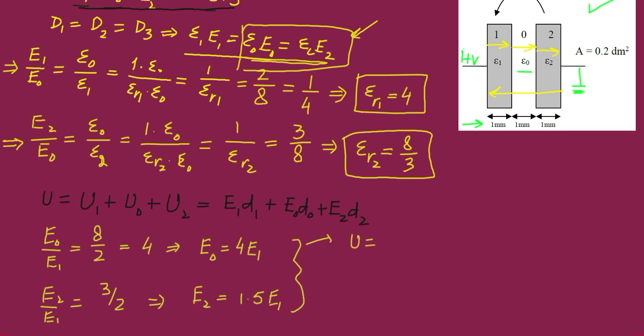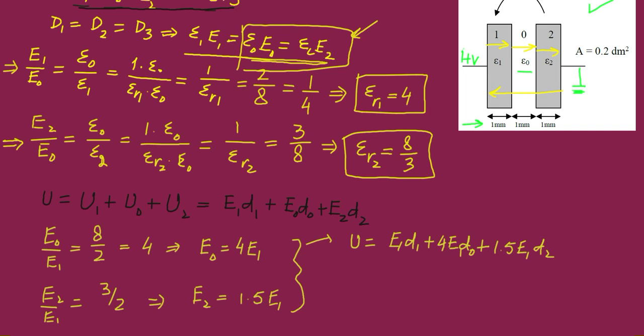U will be equal to E1 D1 plus 4 times E1 into D0, plus 1.5 times E1 and D2. So now we have only one unknown, which is E1. Voltage is given, which is 100 volt, and the thickness of each layer of insulation, D1, D0, and D2, is also given, which is 1 millimeter.